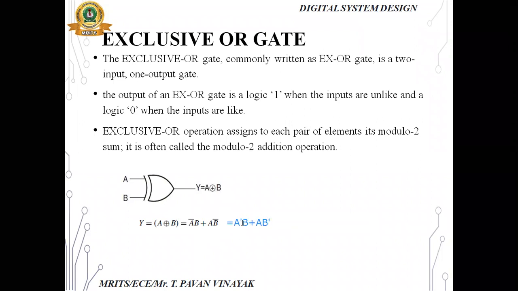Okay, we can write A bar like this. NOT gate output we can also write as A bar, or that is the same as A bar. You can write like this or like this, no problem. So this is one notation. Okay.